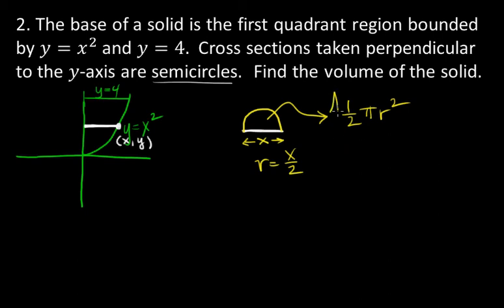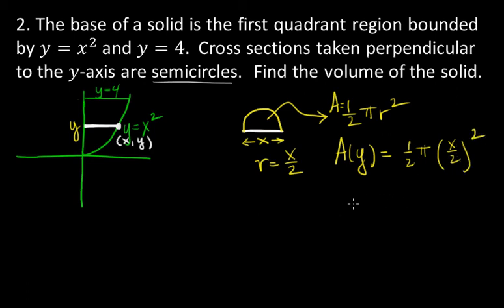So the area, I'll put A, or in fact A of y. It has to be a function of y because the cross-sections are being taken perpendicular to the y-axis, and we're choosing the cross-section at a particular y between 0 and 4. A of y then will be 1/2 pi times x over 2 squared.